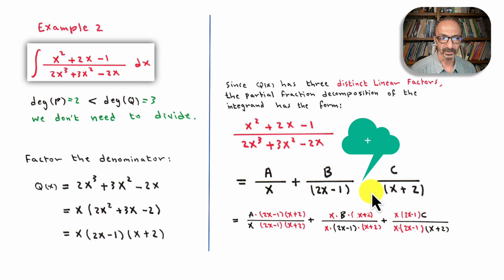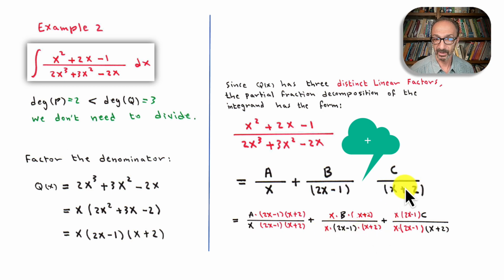The common denominator will be the product of this factor and this factor and this factor, as you could see right here. This one is missing these 2. We'll bring them in. This denominator is missing x and missing x plus 1. As you can see, I brought x from the left and x plus 2 from the right.